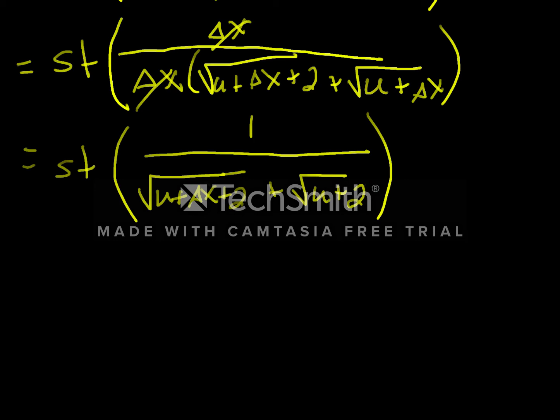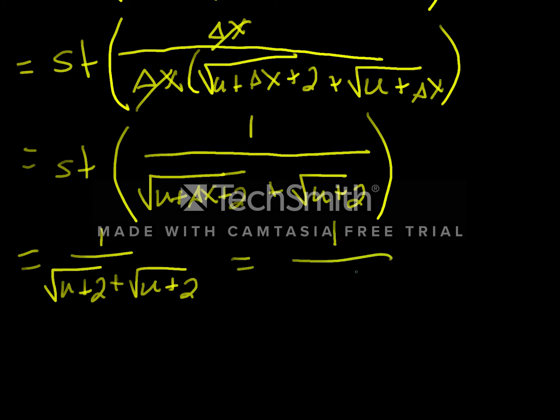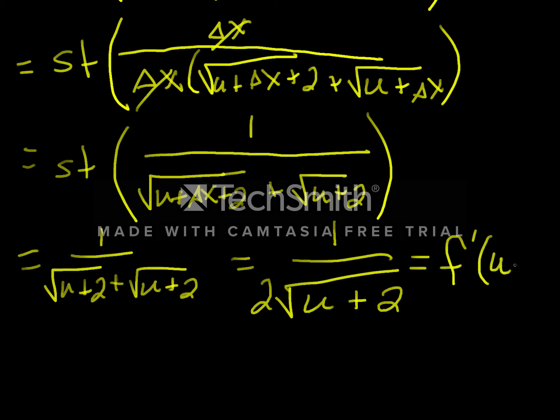So when you let the standard part run its course, this will be 1 over the square root of u plus 2, because that delta x is 0, plus the square root of u plus 2, or more naturally, 1 over 2 times the square root of u plus 2. And so this is our derivative.